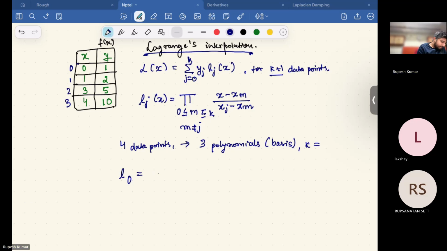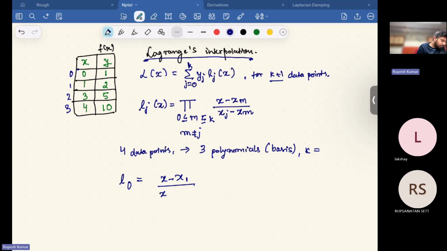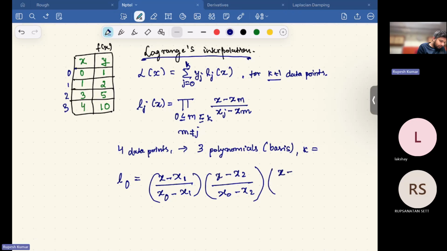So L0 would be x minus x1 divided by x0 minus x1, because I'm talking about x0, multiplied by x minus x2 divided by x0 minus x2, multiplied by x minus x3 divided by x0 minus x3.